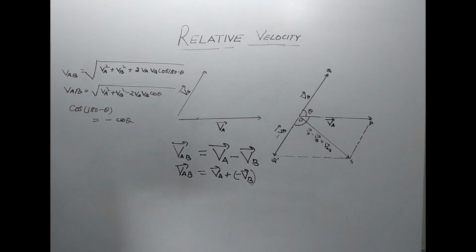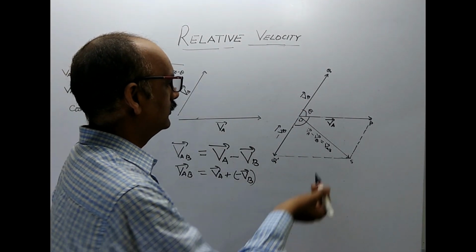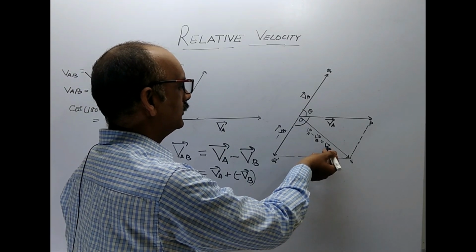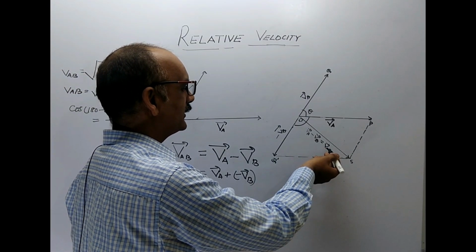Now, what will be the direction of velocity of A with respect to B, that is VAB?